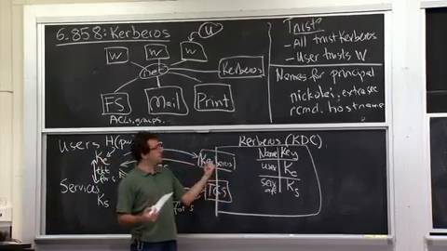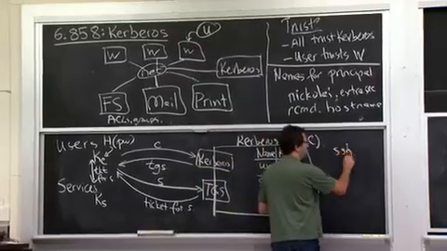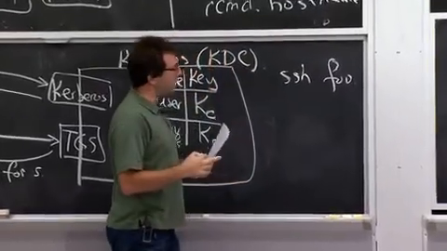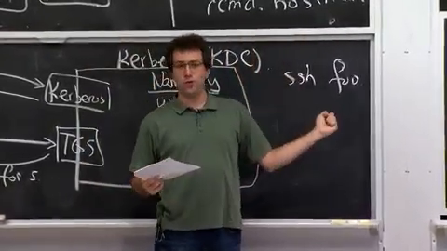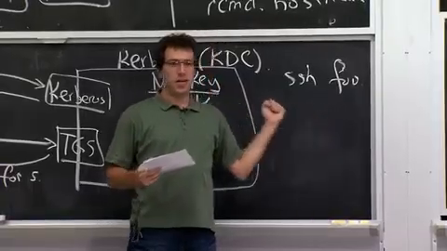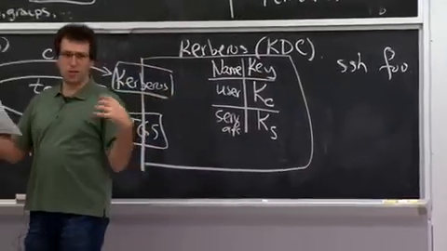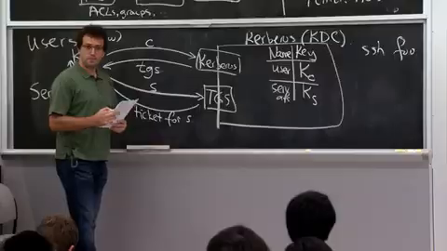Typically this comes from the user at some level. For example, if I type ssh some machine foo, then I should be expecting a Kerberos principal called rcmd.foo on the other end of this connection. And if it turns out to be someone else, this SSH client should abort and not let me connect, because then I'll be misled into talking to some other machine.